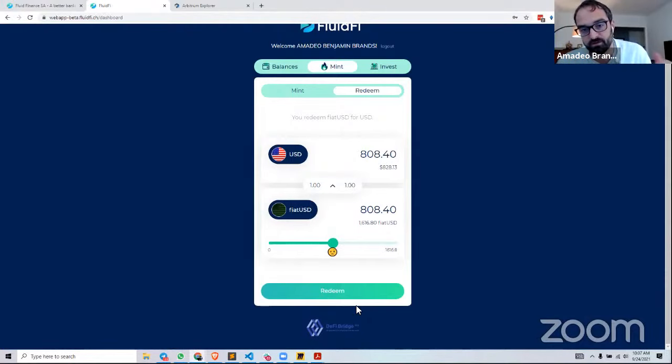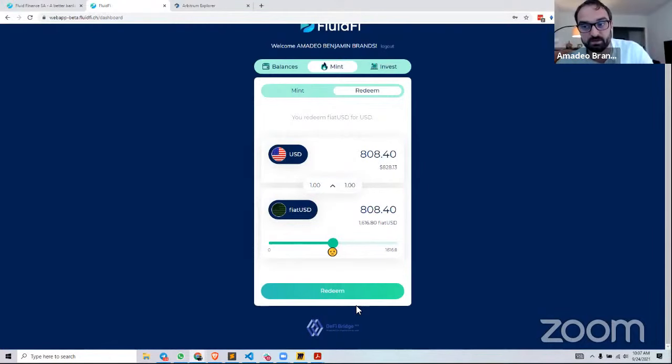The DeFi Bridge DAO then looks at the Fluid Finance bank account, and basically when money is sent to that account, the only thing that account accepts is money in from FluidFi and money out from the DeFi Bridge DAO bank account back to FluidFi, that then will distribute that again to its users.